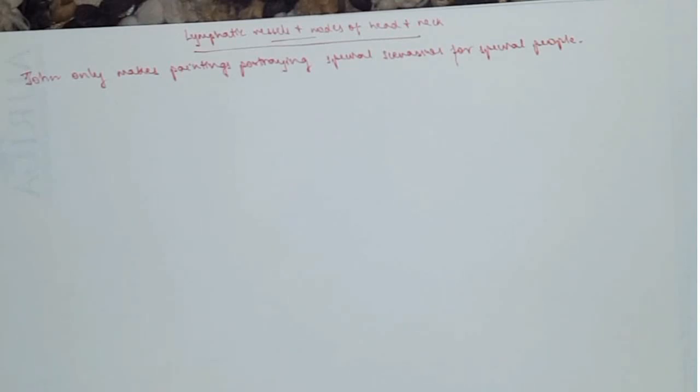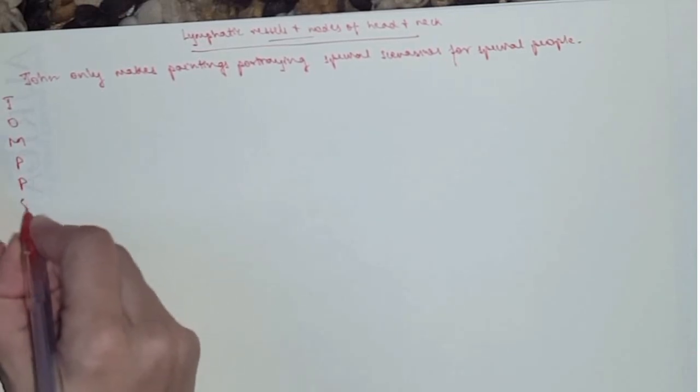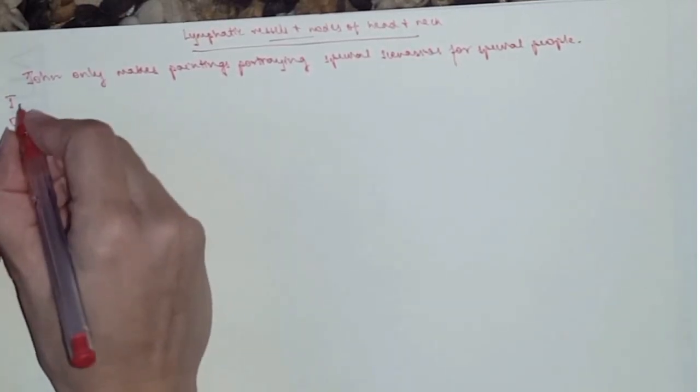Okay, John only makes paintings portraying special scenarios for special people. Let's write this down. J O M P P S S S S and P.